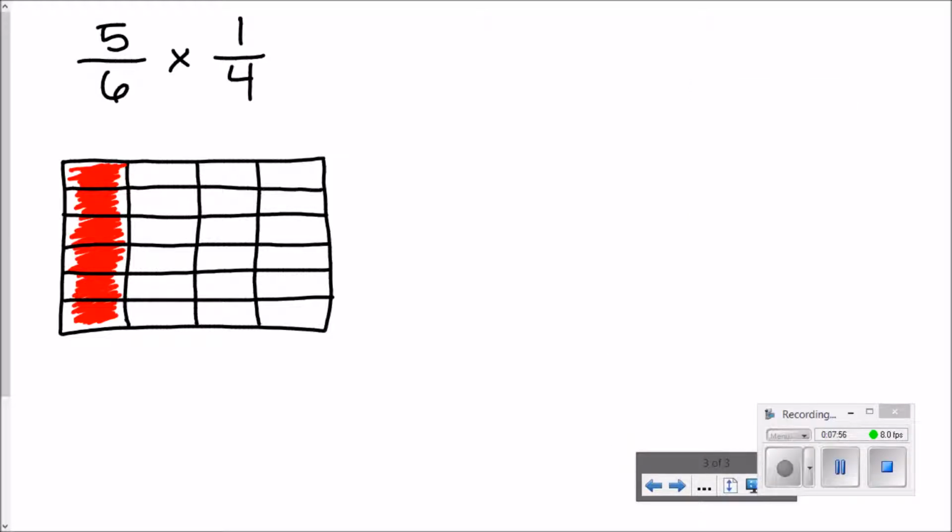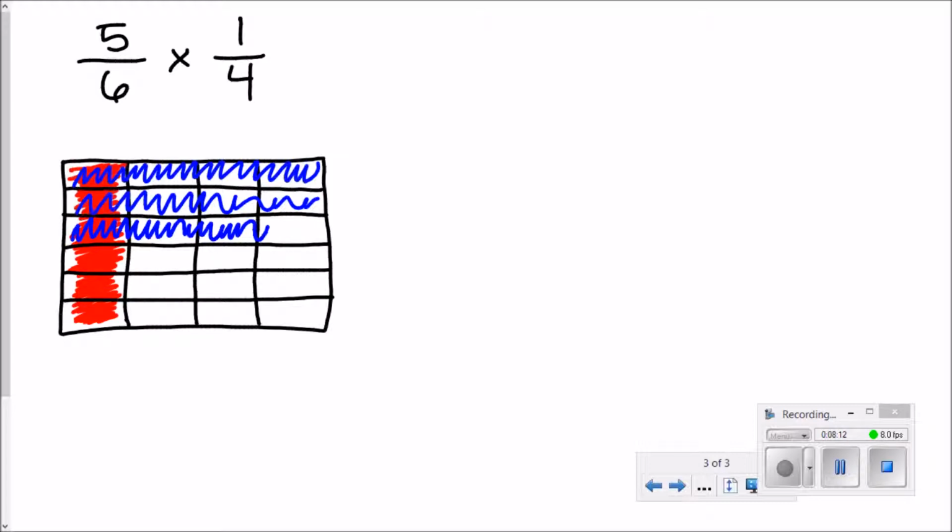So I need to shade in 5 of these 6 rows. 1, 2, 3, 4, and this is the 5th one.